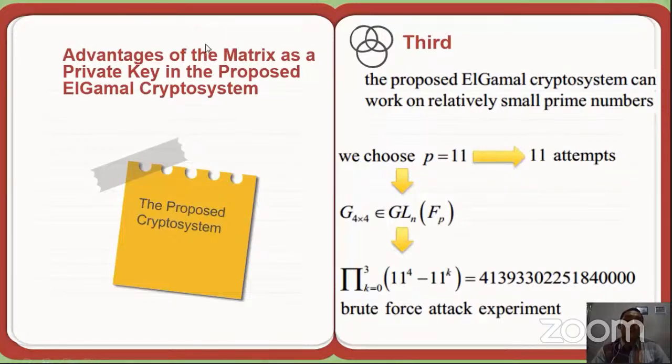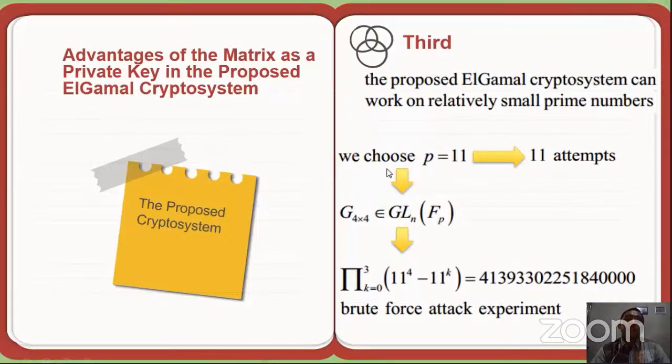So the hacker can try to input 0, 1, 2, 3 until 10. It's very easy to try. We work on the proposed algorithmic crypto system.